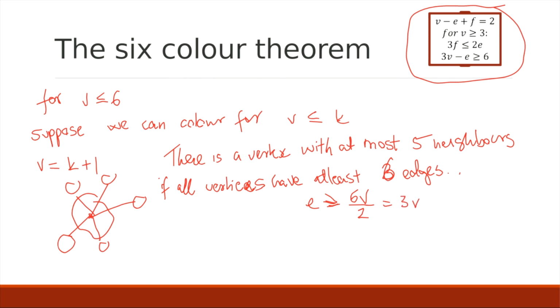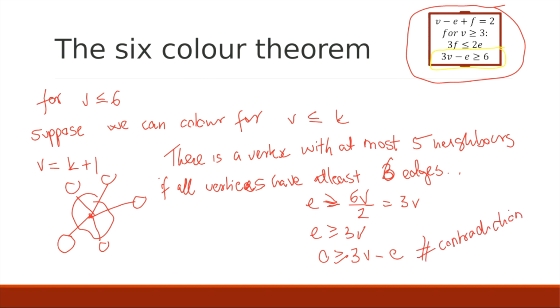Now, if we have that the number of edges is at least 3v, then we have that 3v minus e is less than 0. I think you can see why that's a contradiction, because we've just proved that 3v minus e is at least 6. So this is not possible. This is a contradiction. Now, what will that mean?